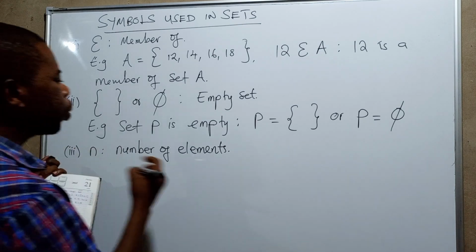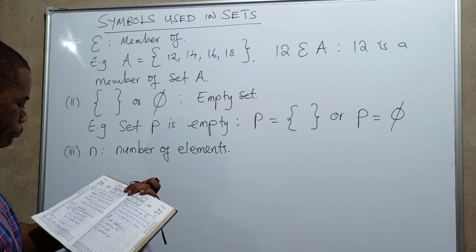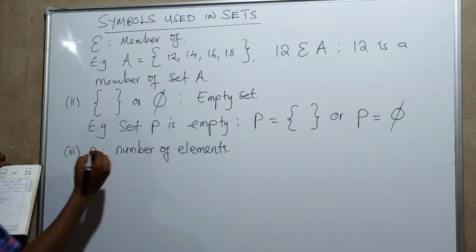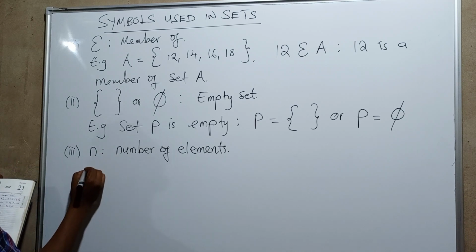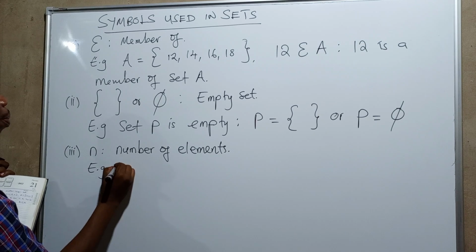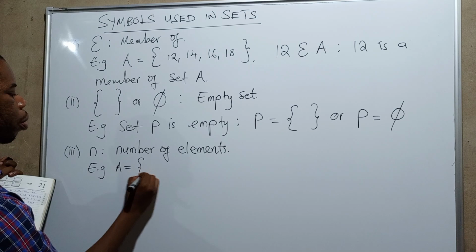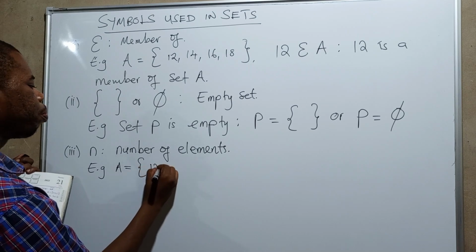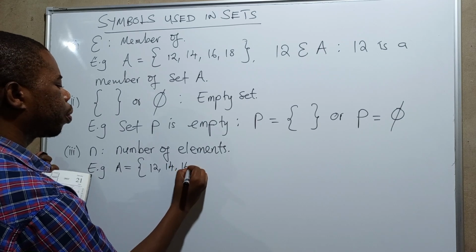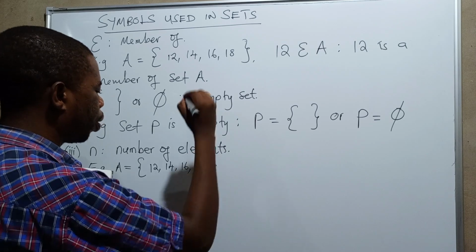So N represents number of elements. For example, if we pick the same set A, which has these elements 12, then 14, then 16, then 18, then we may close like that.